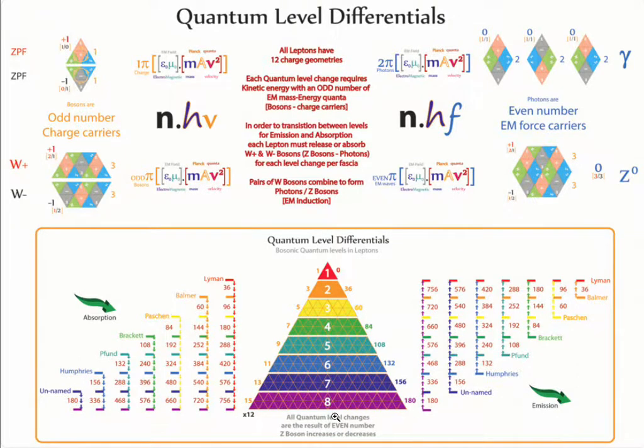This specific geometry of bosons, odd numbers again, becomes readily apparent as the mechanism behind the specific energy requirements of the photoelectric effect.